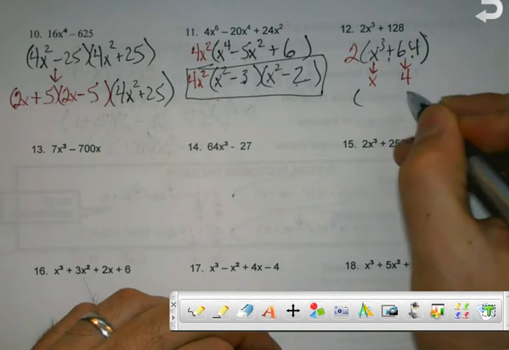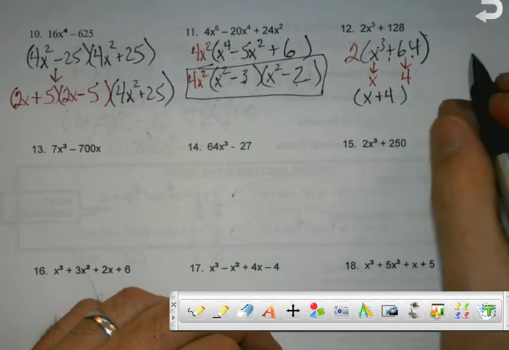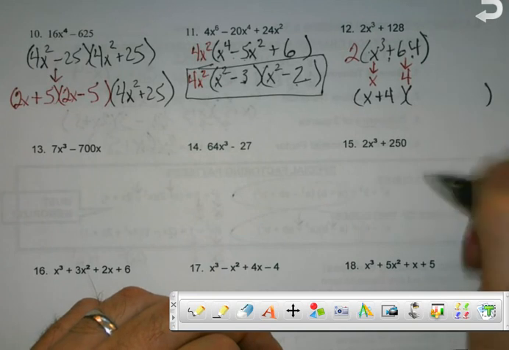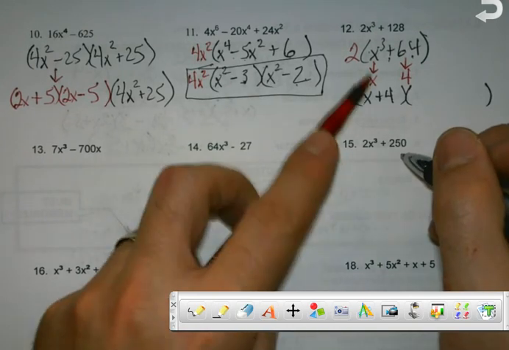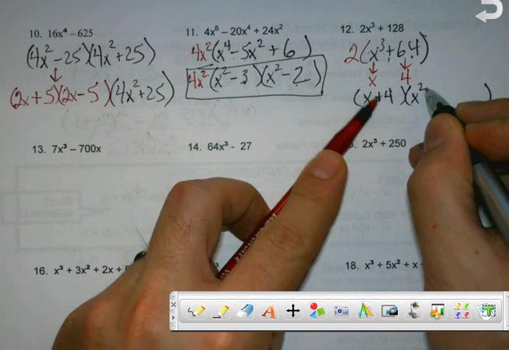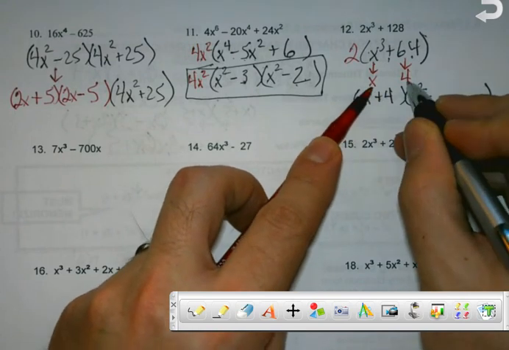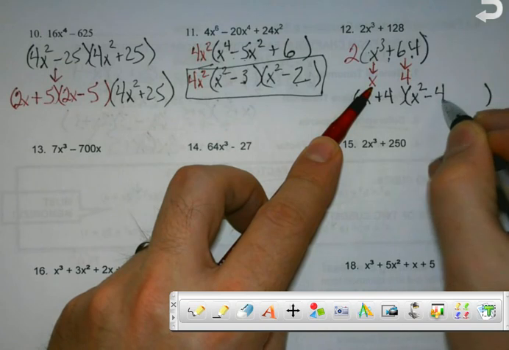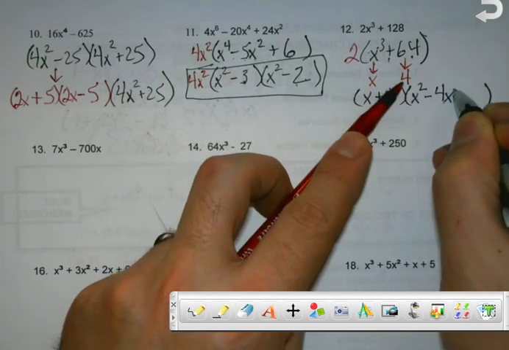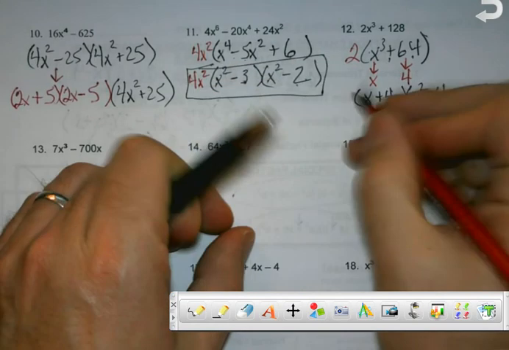So here, I've got x plus 4. And here we go. Square the first term. Change the sign. Multiply my 2 terms together. Square my last term. And put the 2 back.